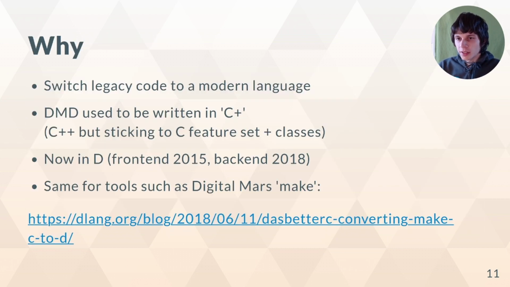So far, I've been listing reasons regarding building the code, but there's also the matter of switching legacy code to a modern language to make it easier to maintain. A great example of this is DMD, the D compiler itself, which used to be written in C++, which is like a nickname for technically C++, but it's sticking to the C feature set.